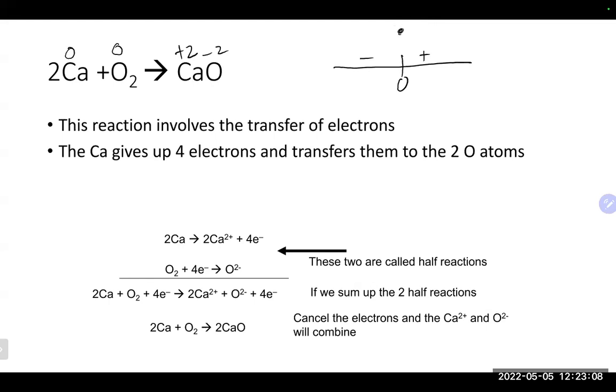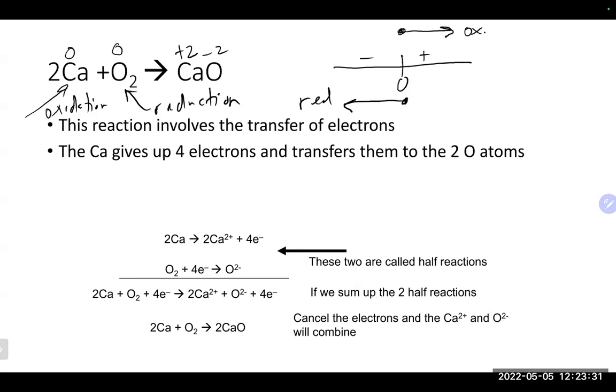Calcium starts at 0 and ends at +2, which means it's going in the oxidation direction. Oxygen starts at 0 and ends at -2, which means it's becoming more negative and is in the reduction situation here. So the calcium is going through oxidation, and the oxygen is going through reduction in this case.